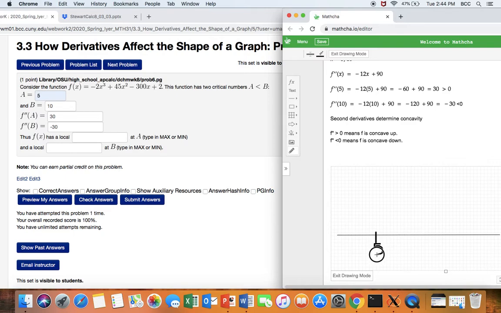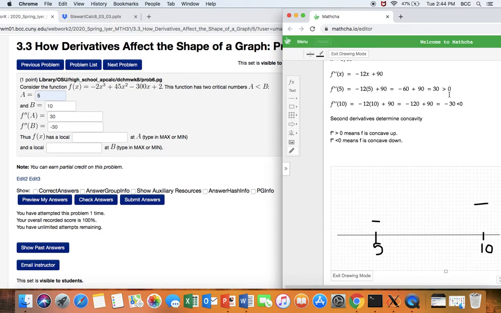Somewhere is 5. Somewhere here is 10. We know they are both critical numbers. What does that mean? They have horizontal tangent. I don't know where their values are, but pretend it's something like this.